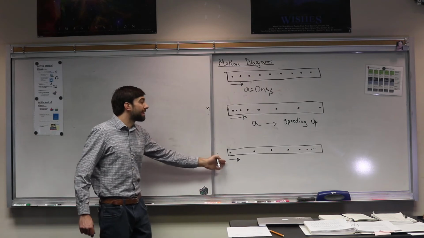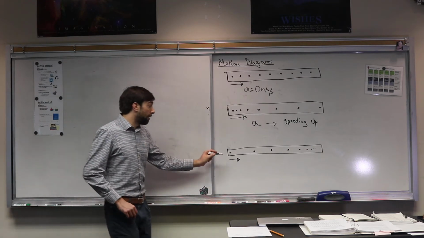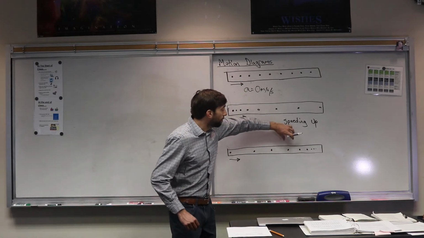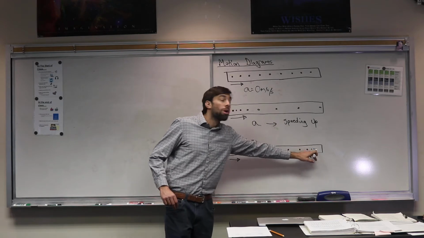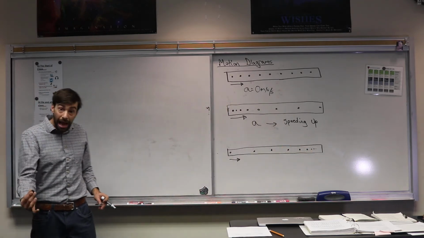Now, how about this picture right here? We're starting out, we have a big distance, slightly smaller, so on and so forth, until we are barely moving in each consecutive time interval.